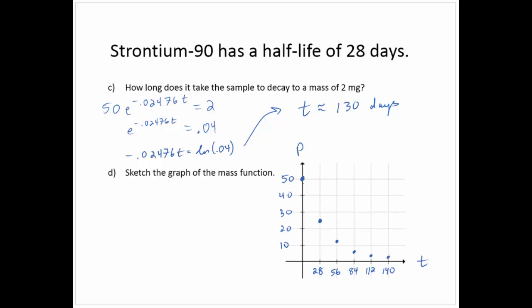Now I won't let it continue to the left because we don't usually talk about negative time in this context, and I'll just draw this exponential curve to the right. I will show the asymptotic feature, that as time progresses, the amount of the strontium-90 remaining gets closer and closer and approaches 0, but never actually reaches 0.